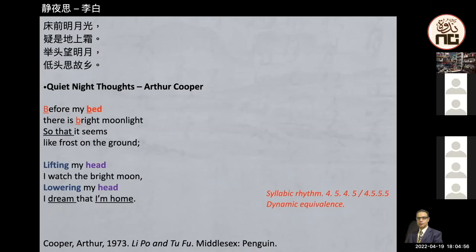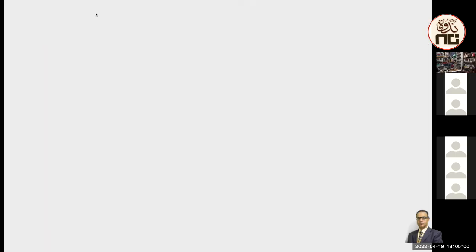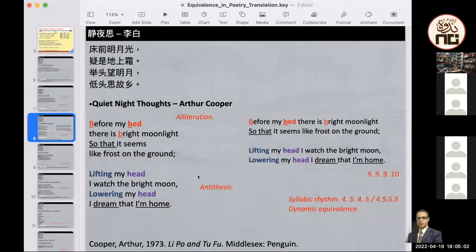In Chinese it's 2 couplets; in English, 2 stanzas. So this is a syllabic rhythm. If we count the syllables, "before my bed," 4; "there is bright moonlight," 5 syllables. 4, 5, 4, 5 in the first stanza, and then 4, 5, 5, 5 in the second.